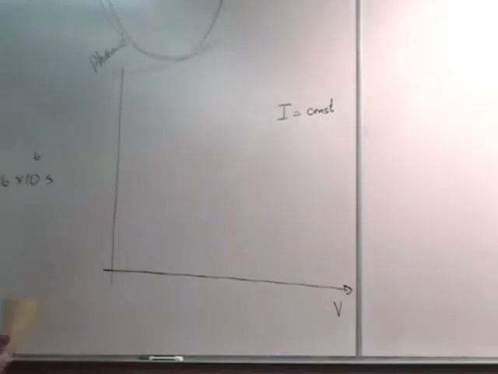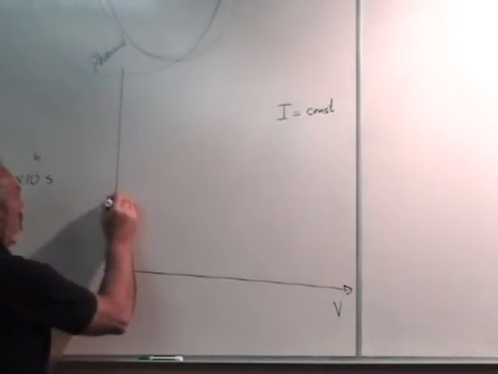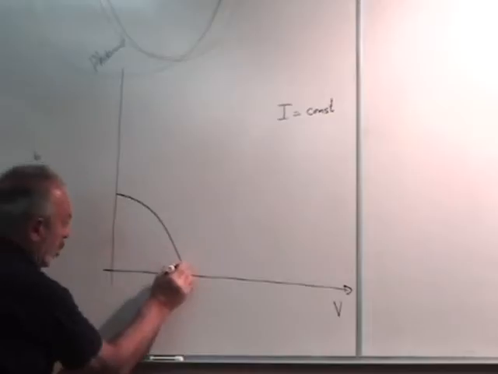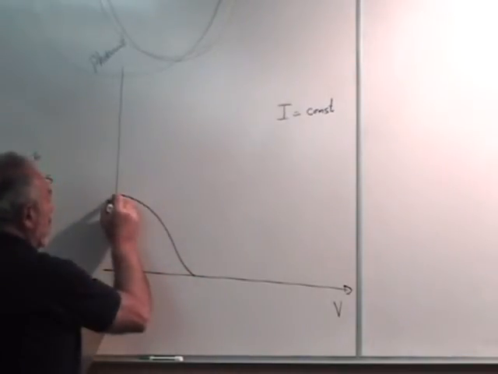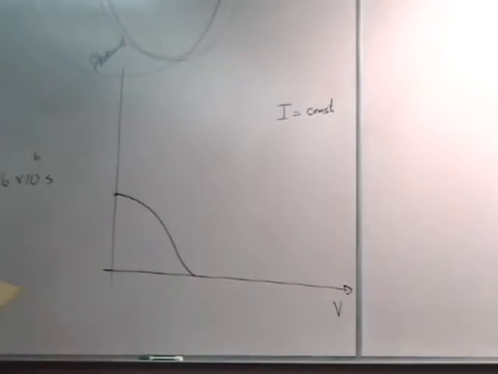Like this. And now we're going to change the frequency of light. Just like before, we'll have a photocurrent of something and a retarding potential here. And let's now increase the frequency. Go to a higher frequency light.